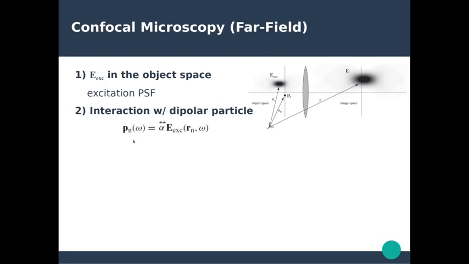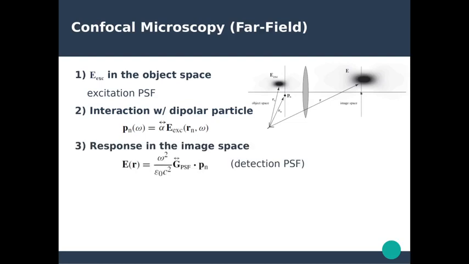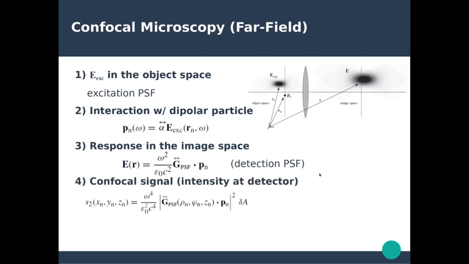This will induce an electric dipole, which will in turn emit radiation. You can calculate the electric field being generated by the electric dipole via the Green tensor formalism. This field distribution that you get in the image space is the detection point spread function. You can also extract from there very easily the actual confocal signal, which is simply the intensity that you detect by taking the square of this electric field.